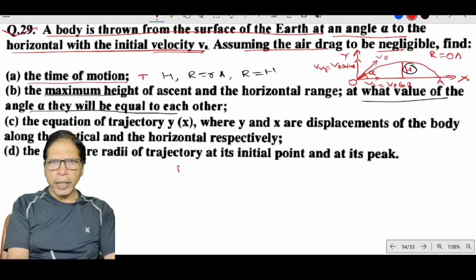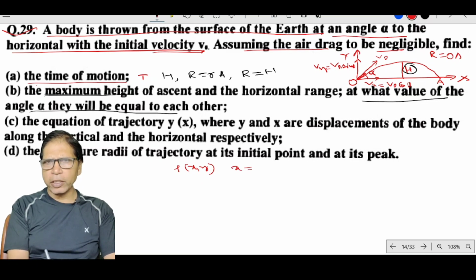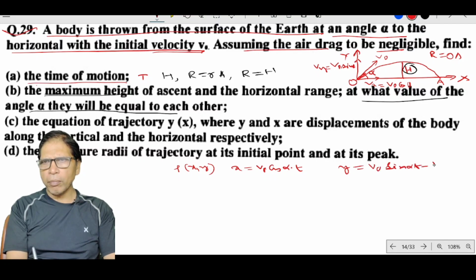Now suppose P(x, y) is the position of the particle. So here, x equals v naught cos alpha into t, and y equals v naught sin alpha into t minus half g t square.